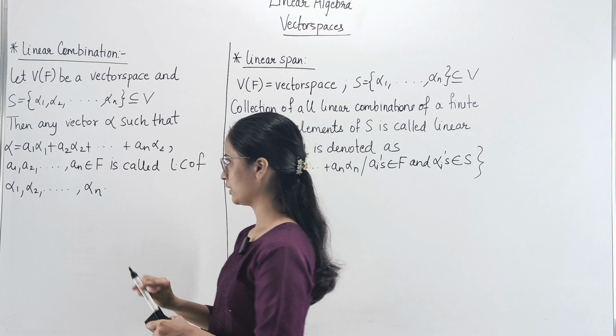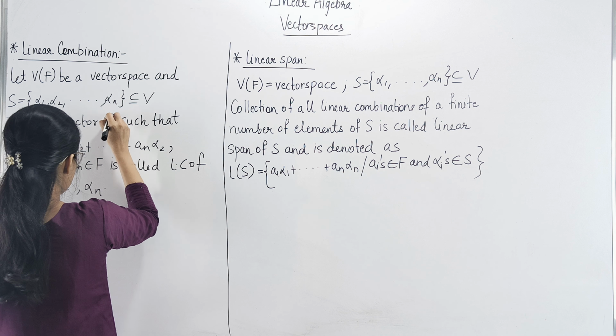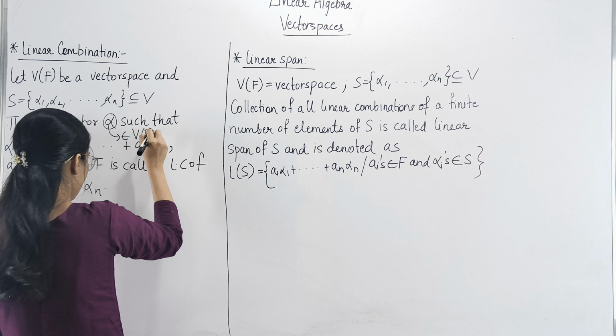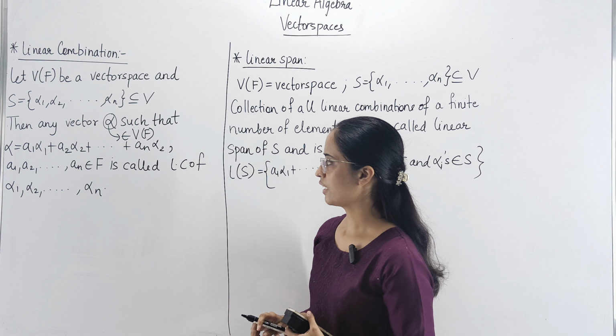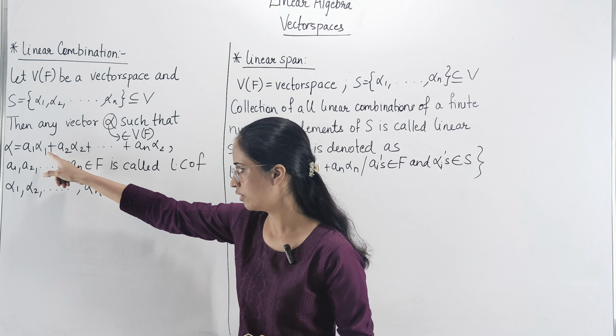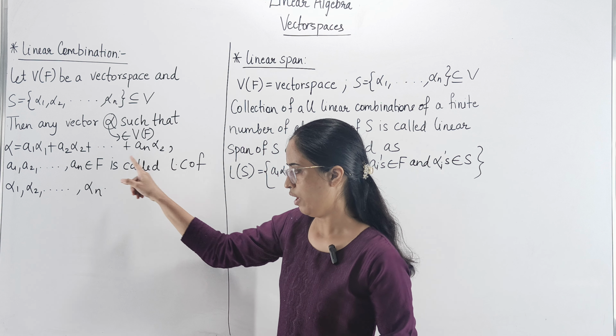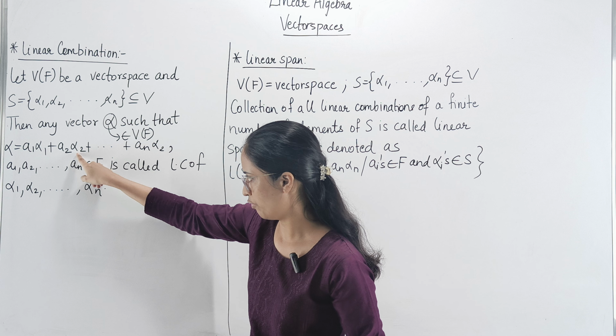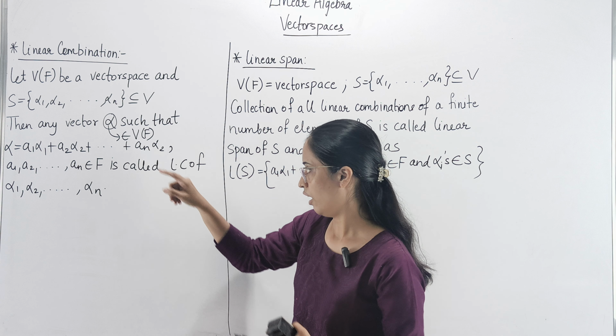Then any vector alpha belongs to your vector space V over the field F. If we can express this vector in this particular form, wherein you take a1 alpha 1 plus a2 alpha 2 and so on up till an alpha n.